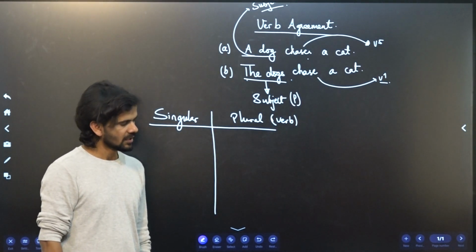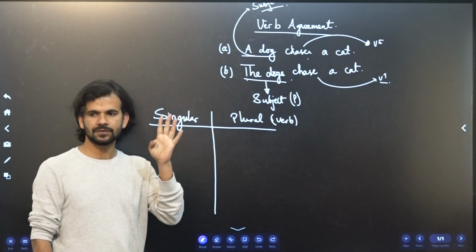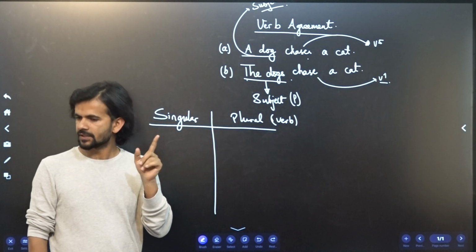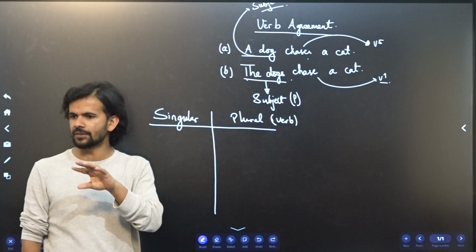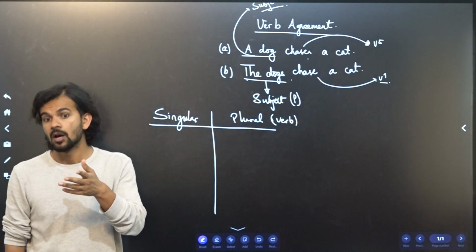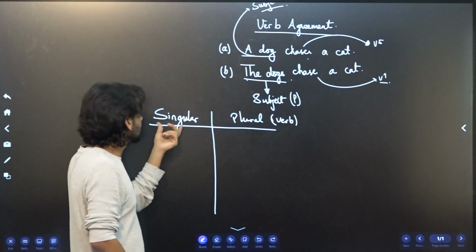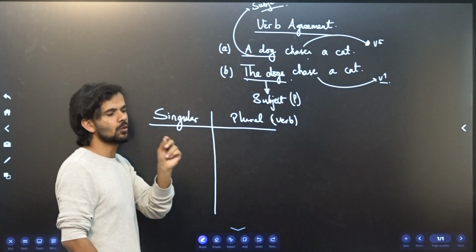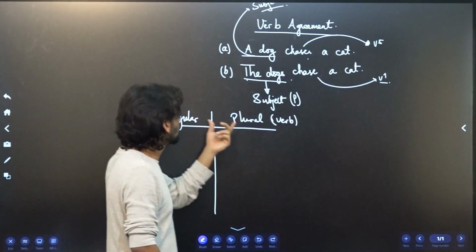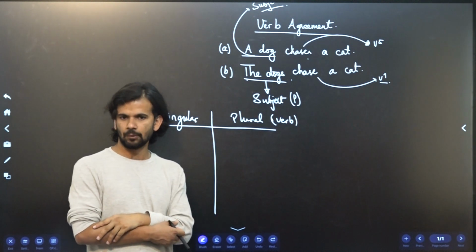You can have one person, two persons, three persons, but verb, one run, two runs, you can't do that, right? But still, we can define it in a different way. A singular verb is the verb that goes with a singular noun, whereas a plural verb is the verb that goes with a plural noun.